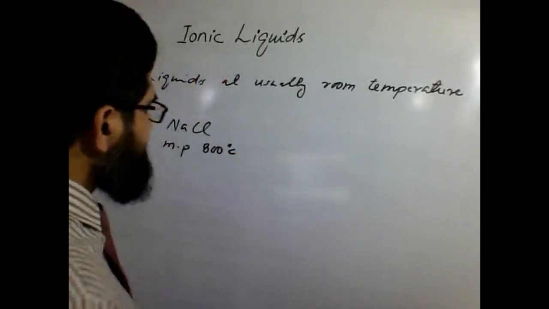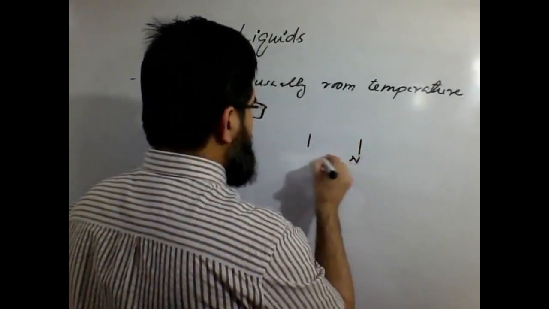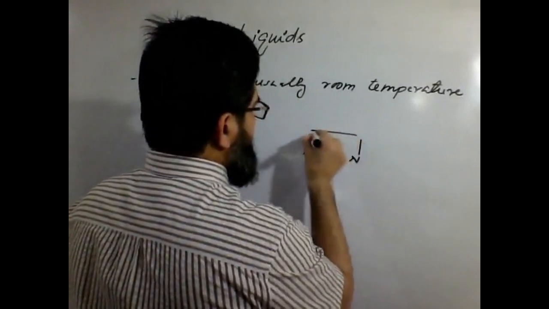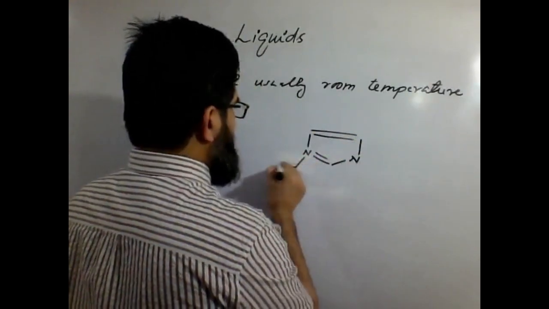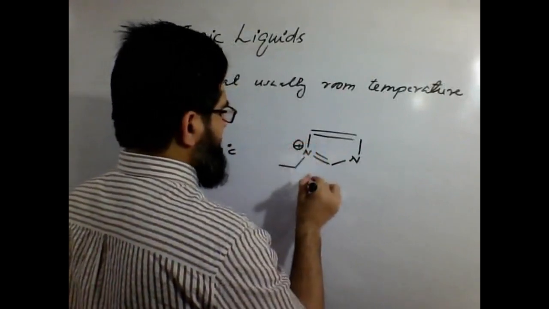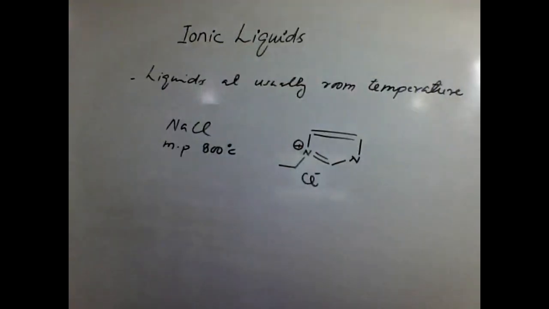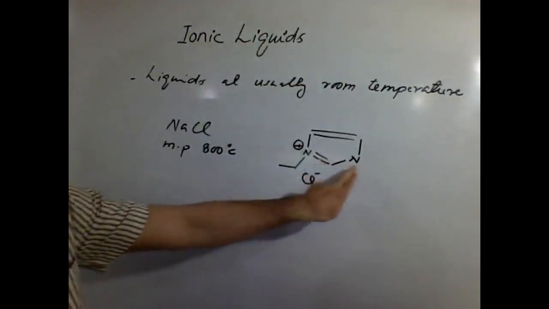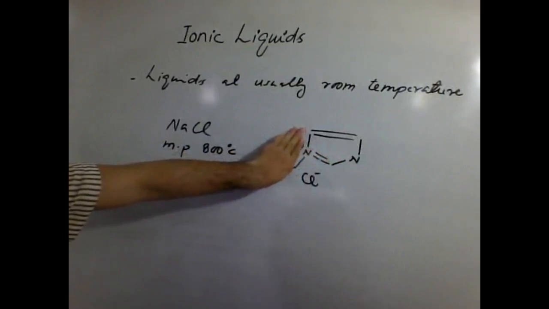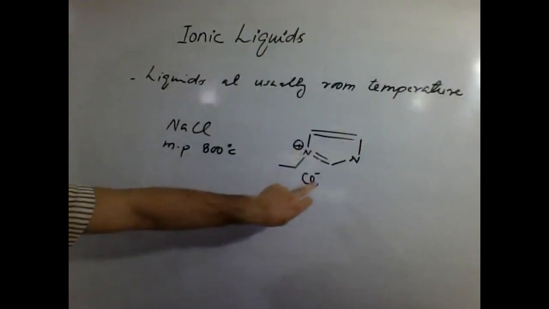Secondly, if we see any ionic liquid like this one, it's a structure of an ionic liquid, imidazole. This is called an imidazole, and then it will be called imidazolium. That's a chloride.